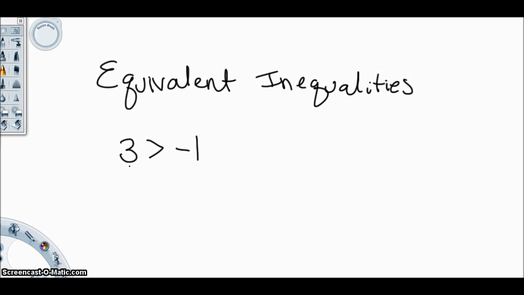like 3 is greater than -1. We can add 5 to both sides of the inequality and keep the inequality equivalent. 3 plus 5 is greater than -1 plus 5.